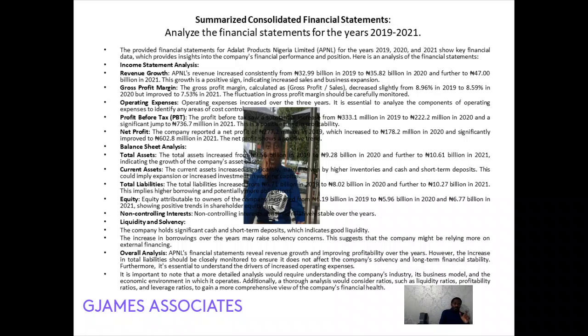The revenue is growing from 2019 to 2020, from almost 33 million to 35 million, and a further 47 million in 2021. It may grow or decline in 2022, which we could not see, but may be given to you during the exam.